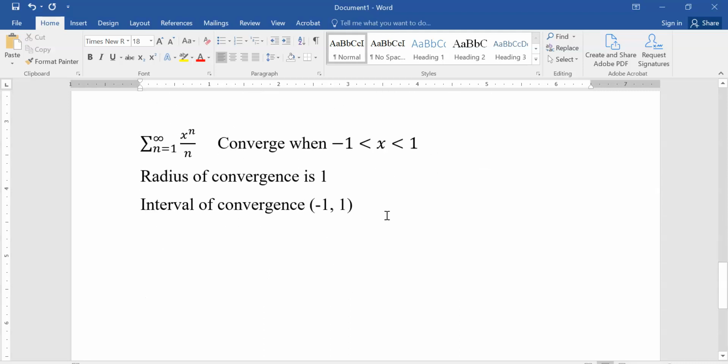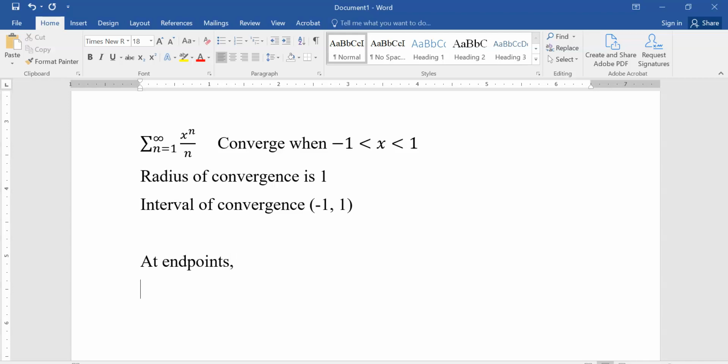In other words, does it also converge at the endpoints? By the way, it's never going to converge at more than 1. It's never going to converge at less than 1, but it could converge at the endpoints. So we do sometimes check the endpoints for convergence.